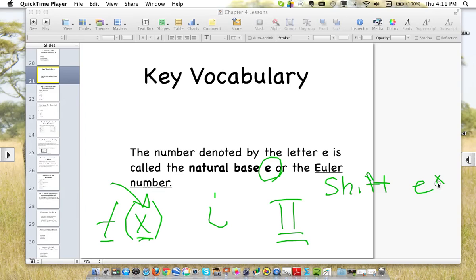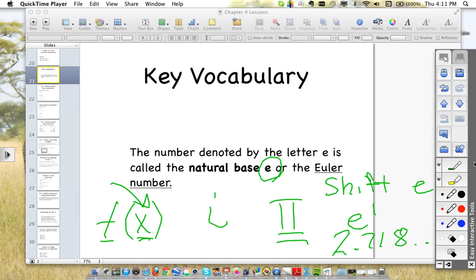So if you want to find the value of e, hit Shift, e to the, and then 1, and then enter, and it will give you the value. It is approximately 2.718. All right, it goes on forever like pi, but that's approximately the value of it. We'll want to know that for later purposes.